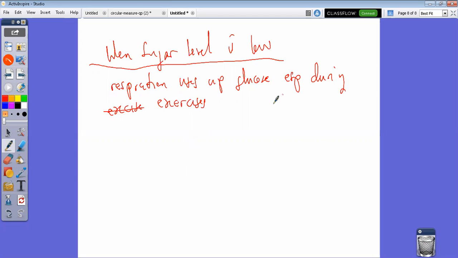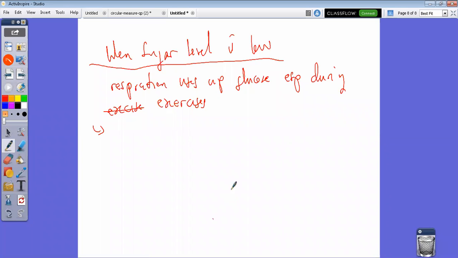Because you're not eating, you're exercising, doing something that uses up the glucose, the body has to come up with what? It has to come up with a mechanism to restore it on its own.